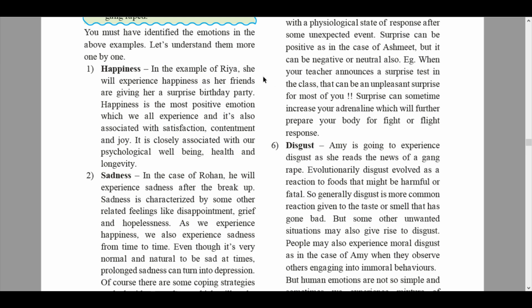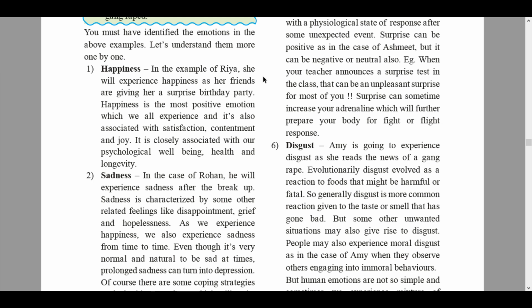We'll just continue. Happiness, in the example of Riya: she will experience happiness as her friends are giving her a surprise birthday party. Happiness is the most positive emotion which we all experience, and it's also associated with satisfaction, contentment, and joy. It is closely associated with our psychological well-being, health, and longevity.